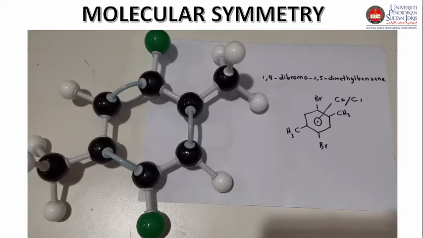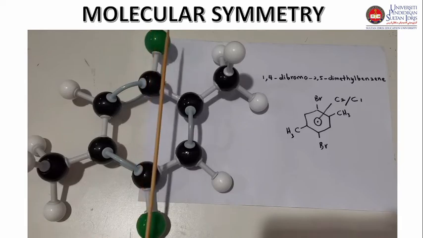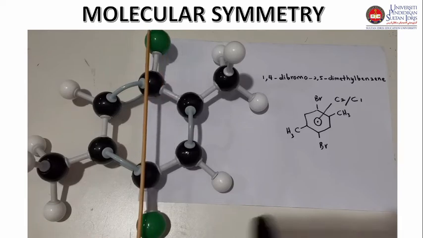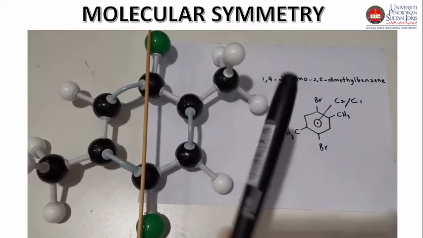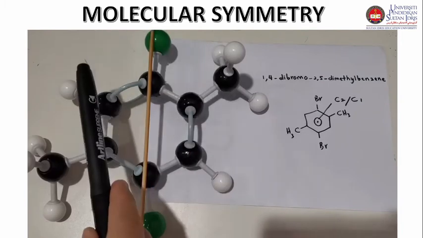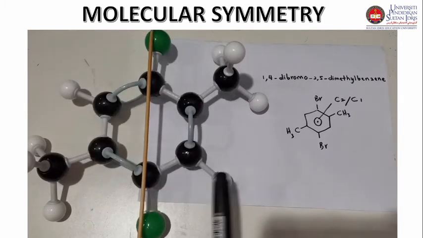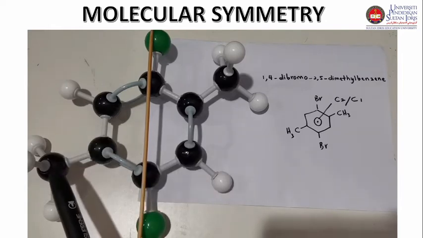Okay guys, if we rotate 360 degrees, we also get an identical configuration. If we check along this axis whether a C2 axis exists or not, this methyl group is replaced in another direction and this hydrogen atom gets here, so we do not get an equivalent configuration.